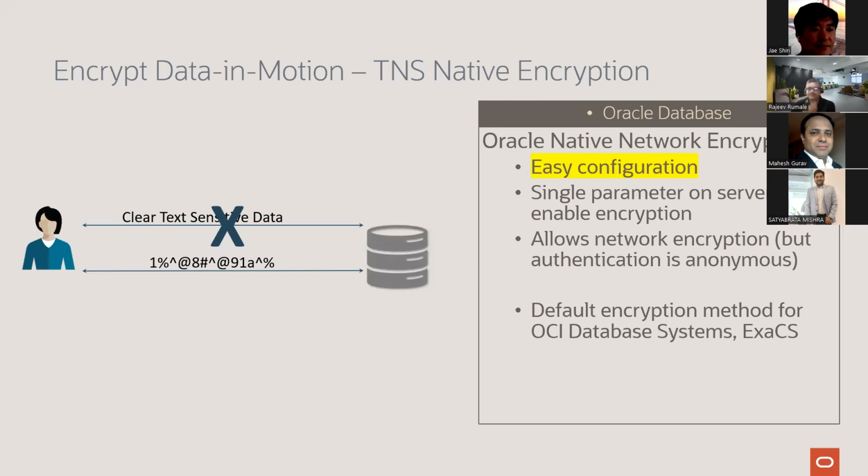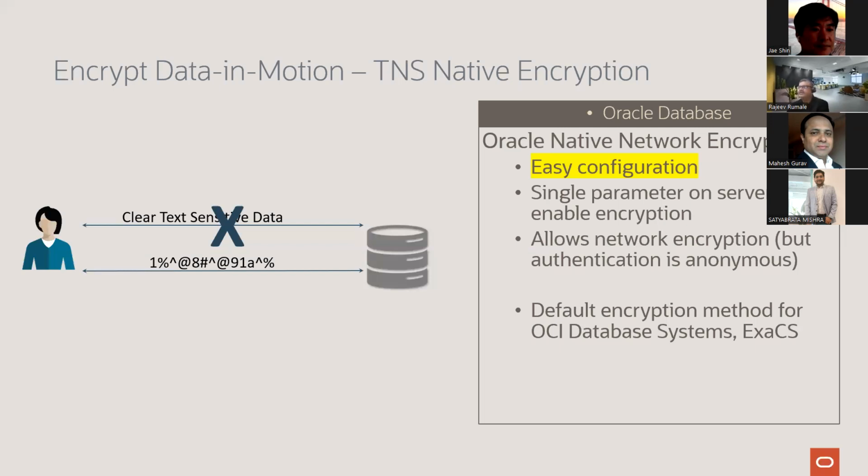So the best way is to encrypt the data in transit, right? For this, we need to have an encryption key. When we introduced native encryption, it is pretty easy to set up, right? That is why it is more popular, and it has been there for a pretty long time. Most of the DBAs do it, and those who have done OCP certification know the details of it.